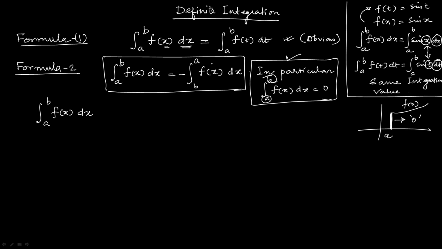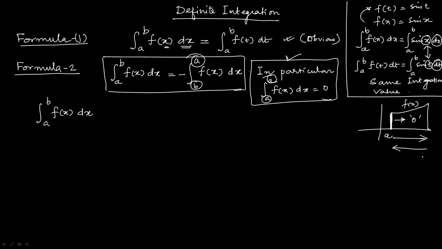Here it's just the reverse. Whenever we are going from this side to this side, this gives me an area, this one. Whenever I go from this side to the other side, this will change, and when this changes, my whole integration will change.